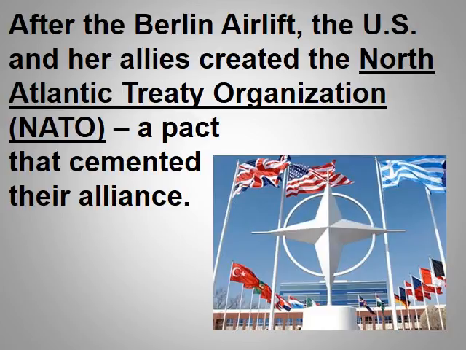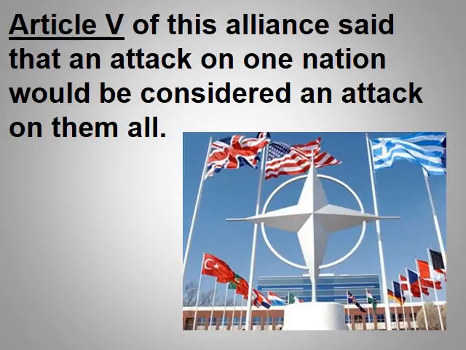Okay? Article 5. An attack on one nation as part of this alliance would be considered an attack on them all. Okay, that was a foundational part of the charter of NATO. Okay, so we see a little bit of tension emerging in Germany.